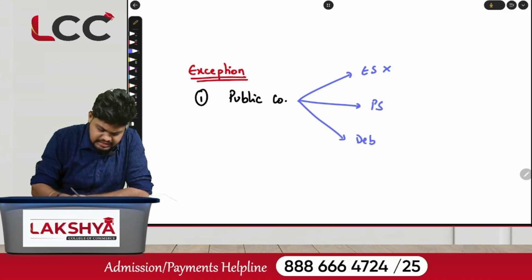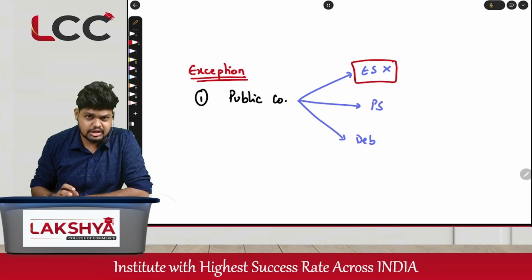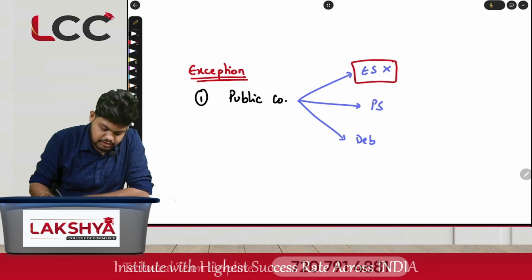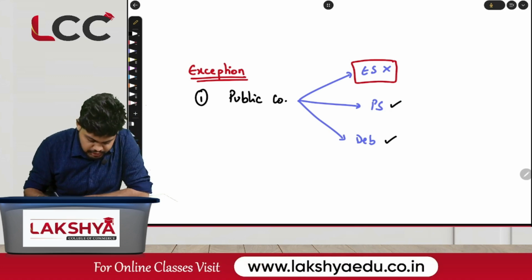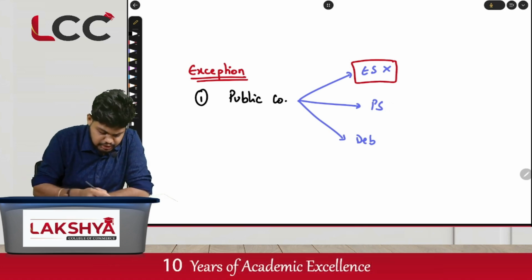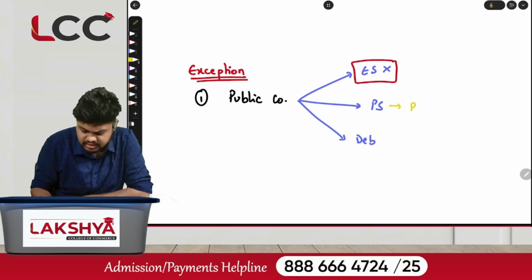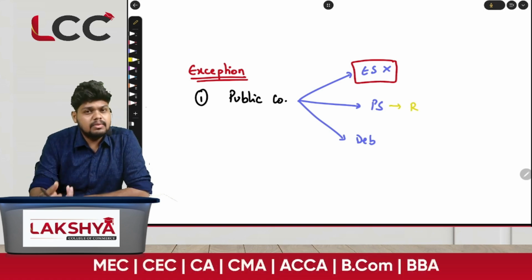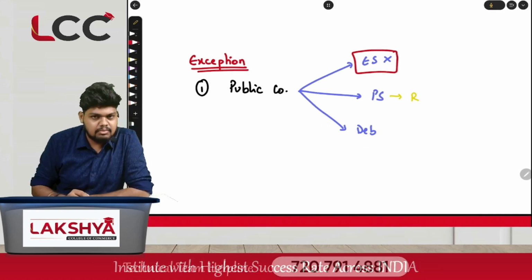So they have not listed their equity shares on the recognized stock exchange, but they got their preference shares or their debentures listed. Focusing on these two things, preference shares and debentures: preference shares, as we all know, can only be issued as redeemable preference shares, and debentures are also always redeemable.